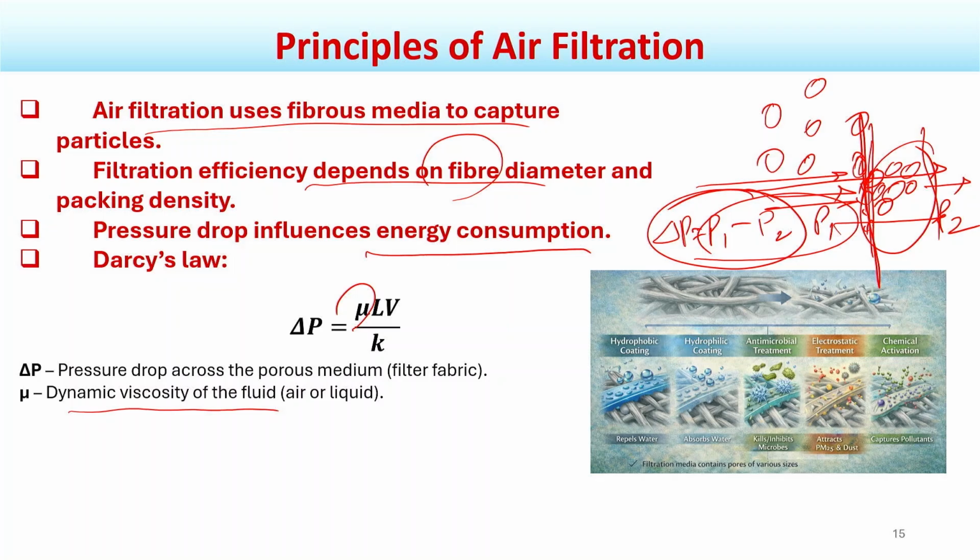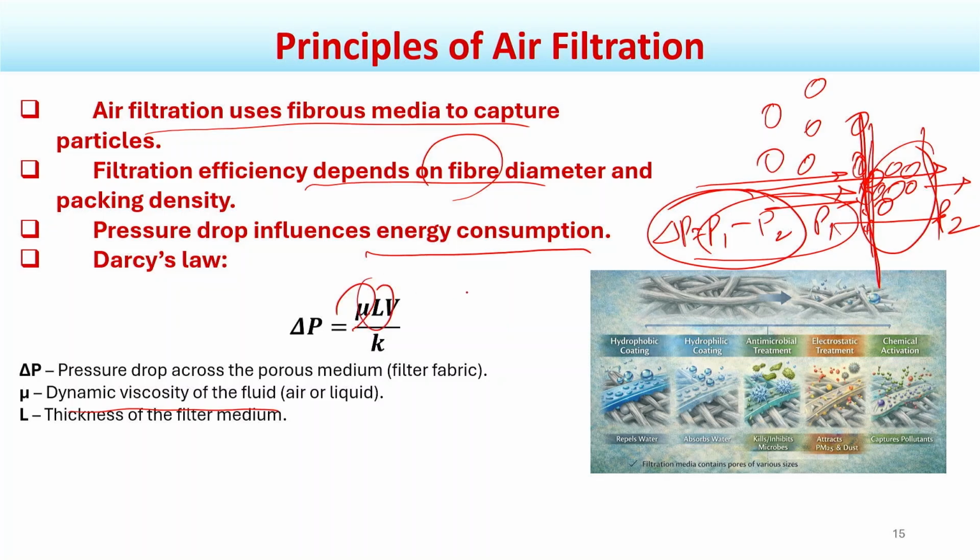If the air is a little more viscous, like when moisture is present or at lower temperature, the pressure drop will be high for the same air. If it is totally dry, with no moisture, the pressure drop may be reduced for the same flow rate.